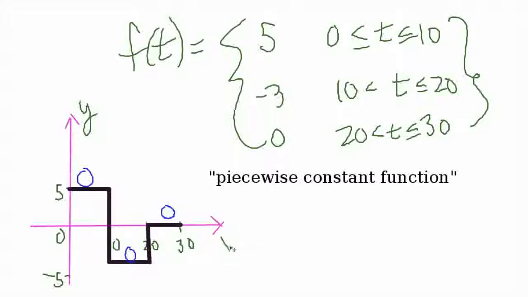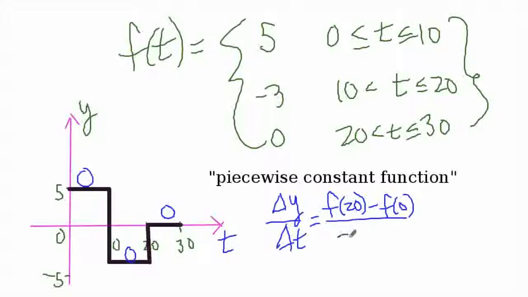For the first 20 seconds, we would calculate the change in f versus time: f of 20 minus f of 0, over delta t. f of 20 is 0, f of 0 is 5, so this would give minus a fourth. That's perfectly fine, that's kind of giving a rough idea of the change.